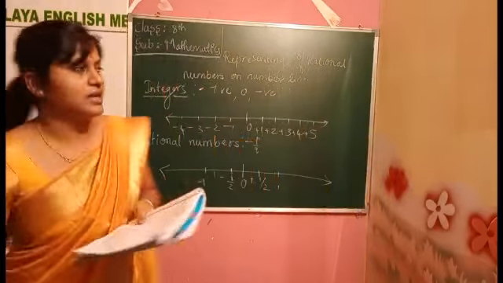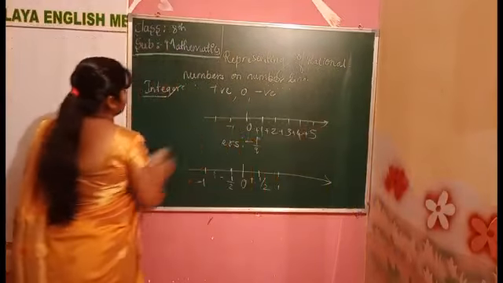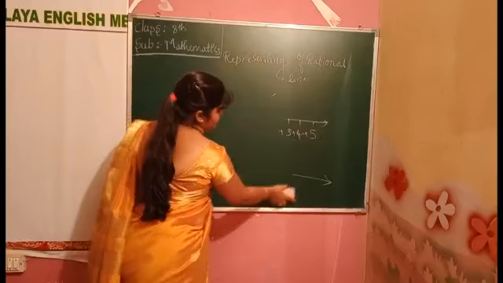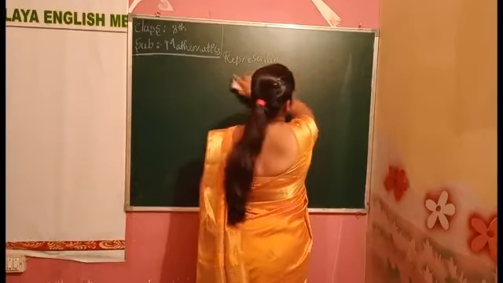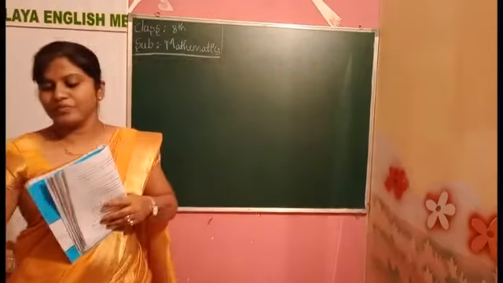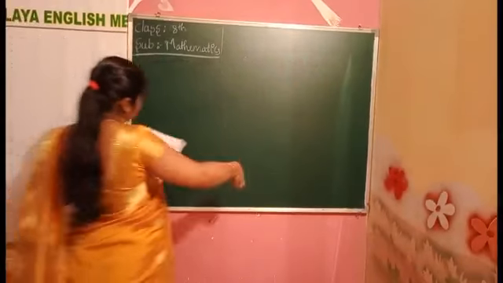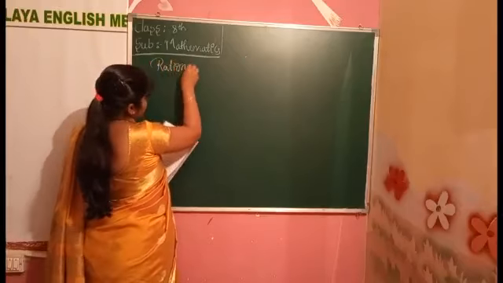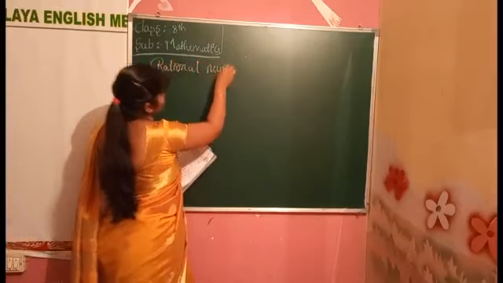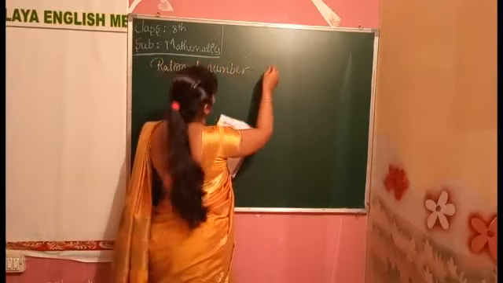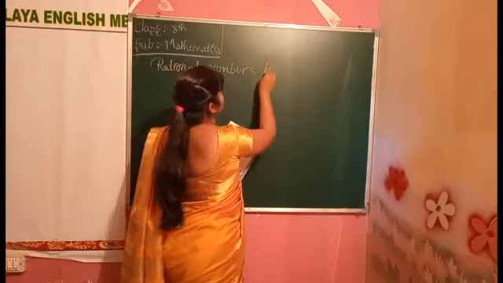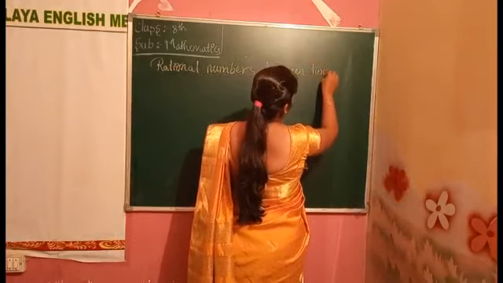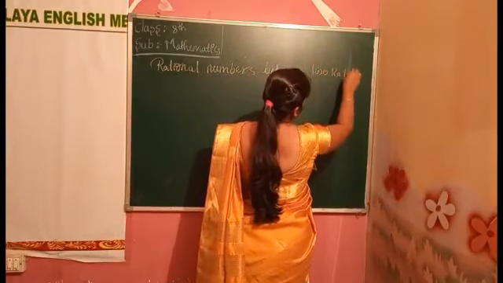Okay, the next one is finding rational numbers between two rational numbers.